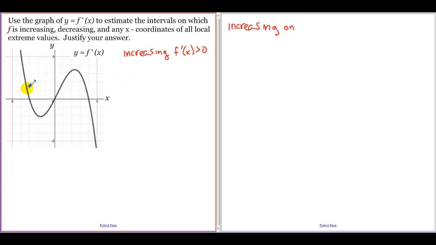So this is my derivative. So I'm increasing when this function is above the x-axis. So we're increasing on negative infinity to negative 3. And when else am I above the x-axis? I'm above the x-axis from 0 to 4.